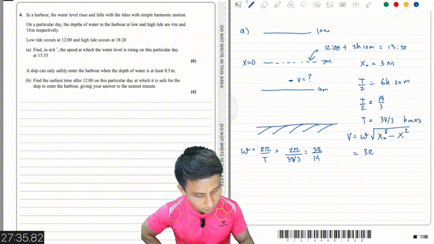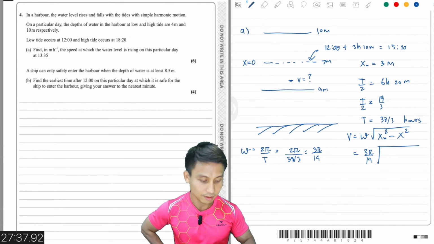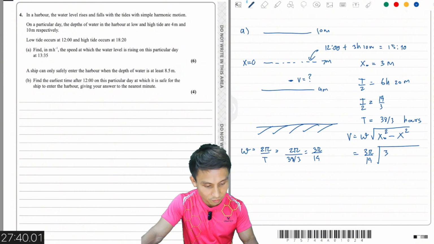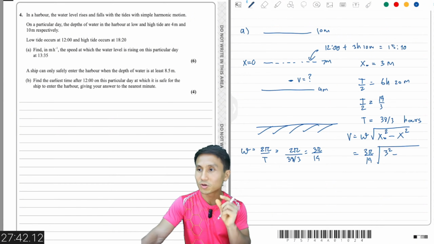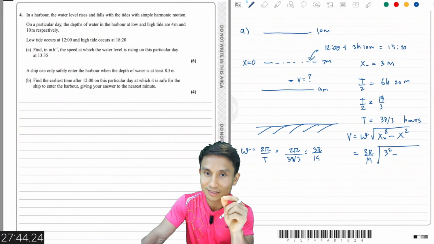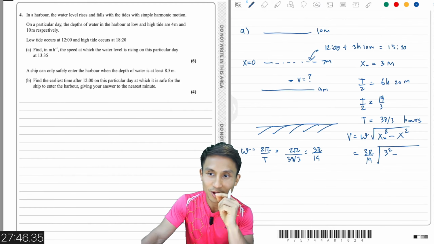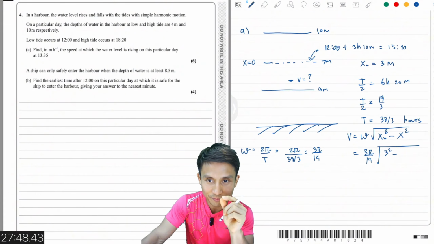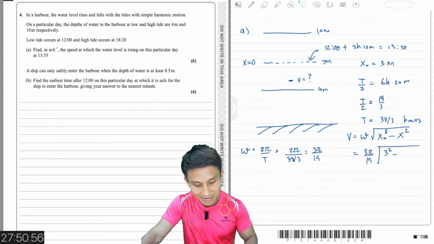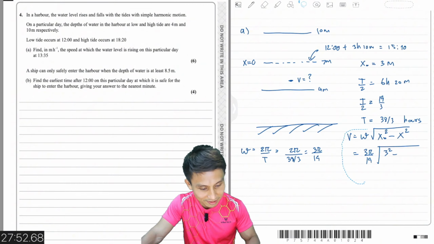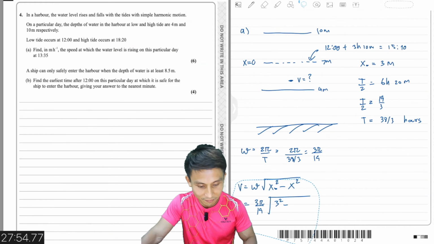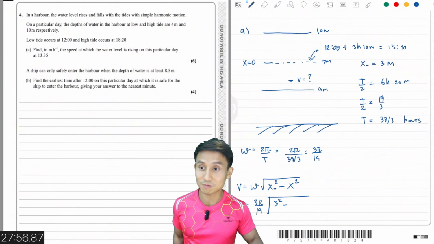And we already know the amplitude being 3 meters. Now the only thing we don't know here is the displacement. We are given the time, so we're going to use that. So this is the work that comes later. We need to find the displacement first.